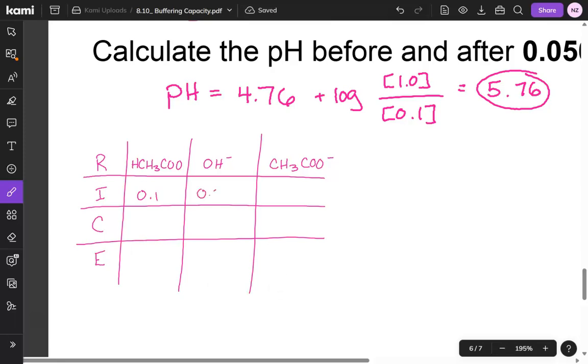We were using the same amount of OH, and we had 1 molar of our conjugate. So our acid and our base that we're adding are going to neutralize. So this is going to go down to 0.05. This will be 0. This is going up by 0.05.